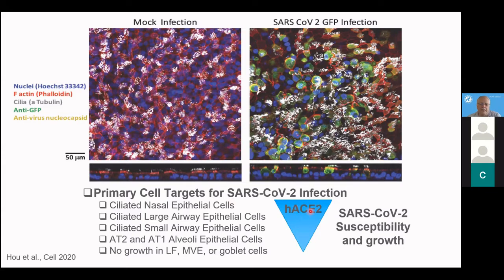And carefully, he and others measured the amount of human ACE2 from the nose to the most distal regions of the lung and the alveoli, showing that human ACE2 is expressed highest in the nasal epithelium, lower in AT2 and AT1 cells, and little if any growth was noted in lung fibroblasts or microvascular endothelial cells. And he used the GFP virus here, which, as you can see, affects primarily ciliated cells in the airways.